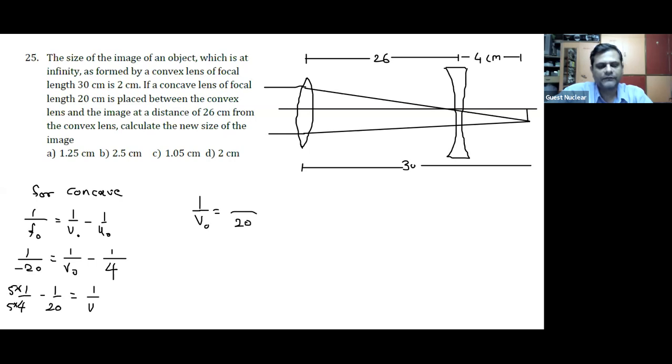And in the numerator, 5 minus 1 comes out to be 4. So that if we reduce this, then we can get 1 upon 5 as a final. So that we get vo becomes 5 here. That means the final image is going to be formed at 5 centimeter from the concave lens. And that is also positive. That means it should be at this side here. तो यहाँ पे फॉर्म होगा वो 5 सेंटीमीटर पे.